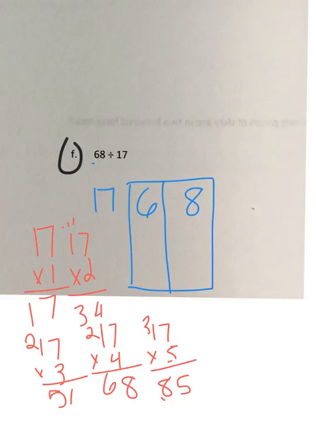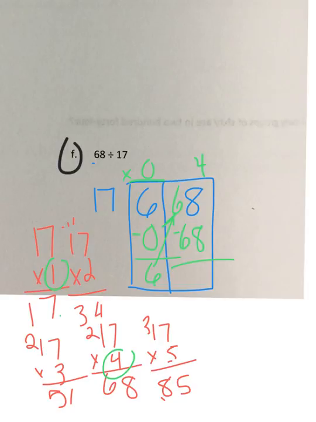So my first step, 17 times what gets me close to 6. If I use times 1, I'm going to have 6 minus 17. That's not going to work, so I have to use 0. So I subtract, and I get 6. Bring my 6 up. 17 times what number gets me close to 68? Well, I already know down here if I use times 4, that gets me exactly 68.